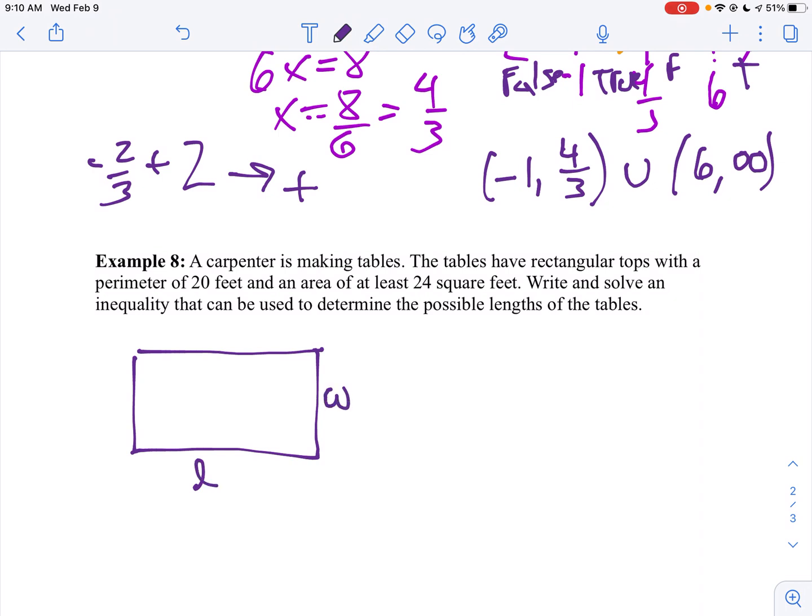So I know the perimeter is exactly 20. So I know 2L plus 2w equals 20. I know the area is at least 24, so I'll say L times W is not equal to, because I said it's at least 24, so I want it to be greater than or equal to 24.